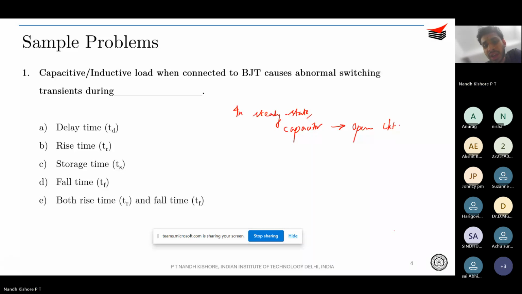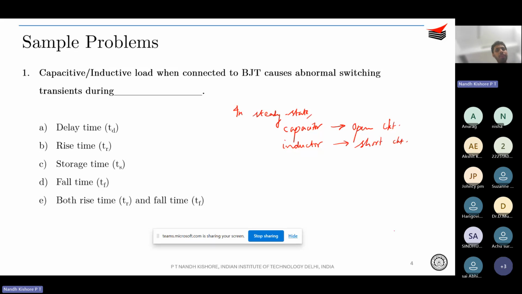And an inductor is going to behave as a short. So understand that in steady state, the capacitor or inductor, whatever you connect as a load, will not have any impact on the operation of the BJT, right? Because it will either be an open circuit or a short circuit. So you just modify your circuit accordingly.